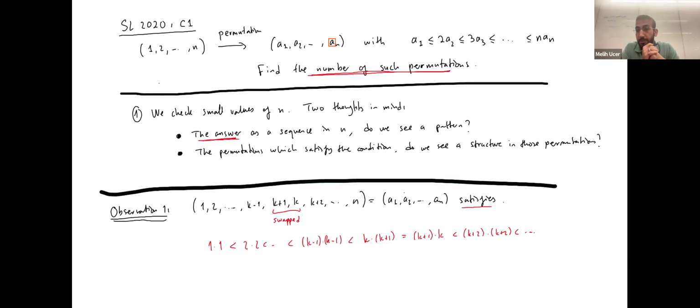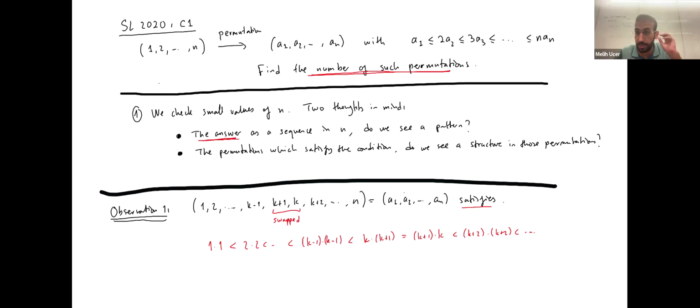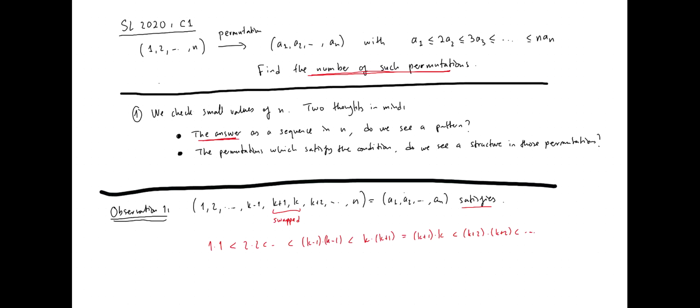All right, other people, Abdullah and Karim, have you calculated the numbers as a sequence in n and seen a pattern? They seem to be Fibonacci numbers. Oh, so you calculated some of the numbers and it looks like the Fibonacci sequence. Okay. Up to what number have you calculated? Up to 4.